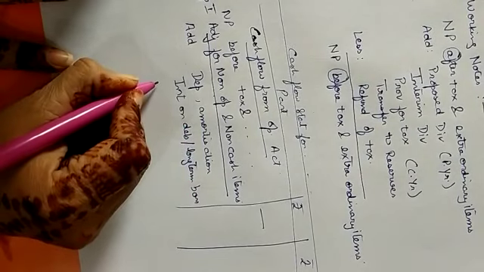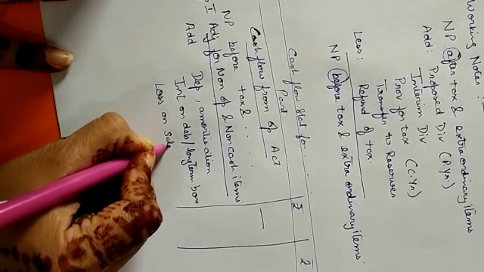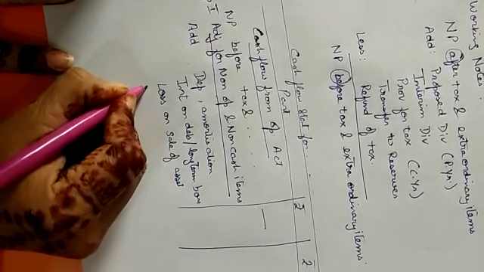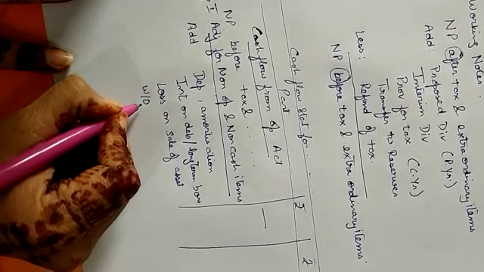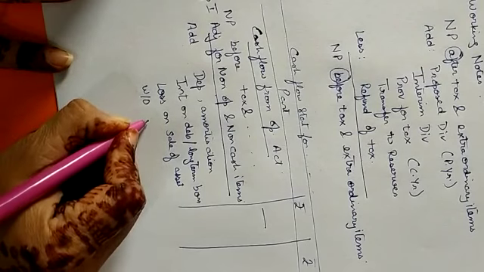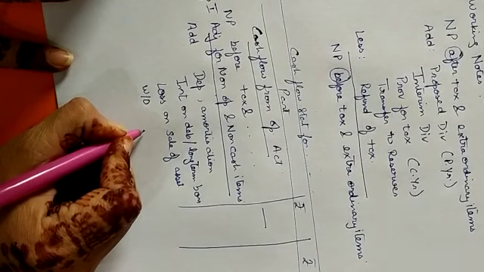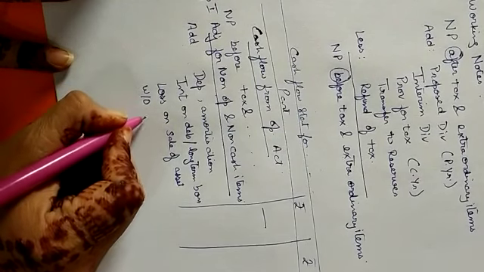Then loss on sale of asset. Then if anything is written off, like write-off of preliminary expenses, underwriting commission, share issue expenses, anything which is written off is added.